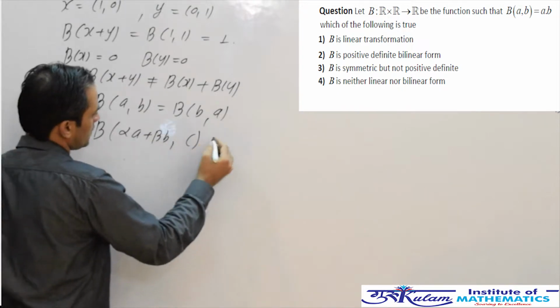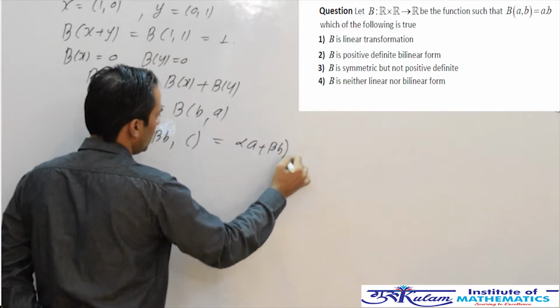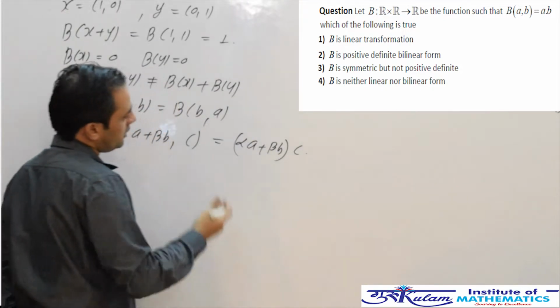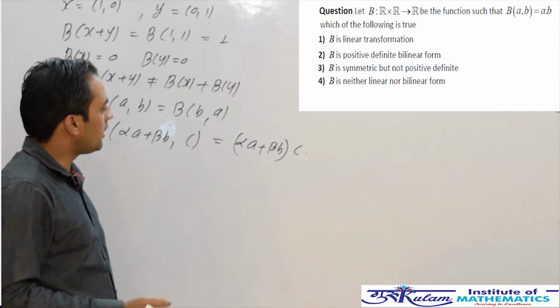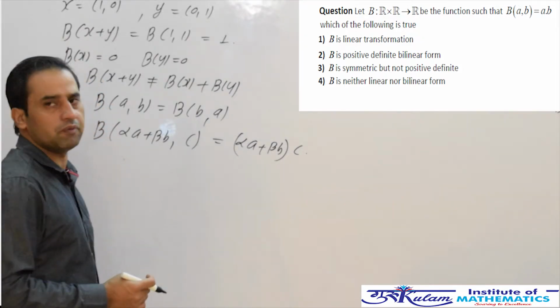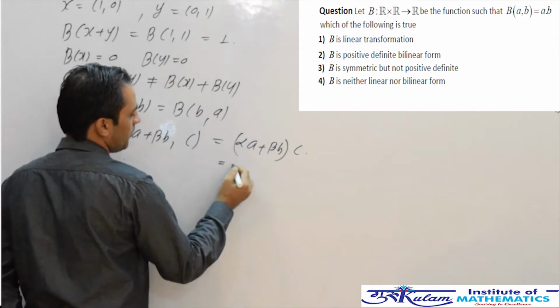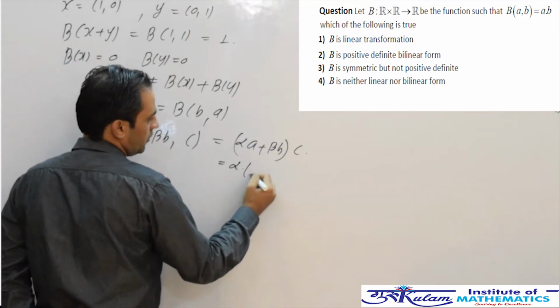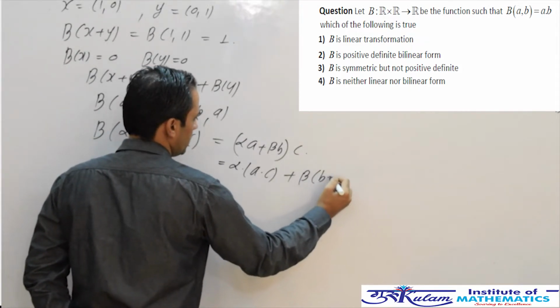The image of this element is alpha times a plus beta times b, whole into c. Since all these elements are in R, and multiplication is distributive over addition, this gives alpha into a into c plus beta into b into c.